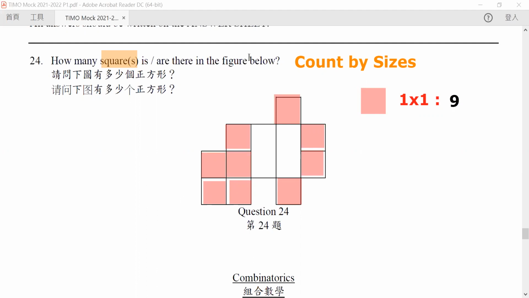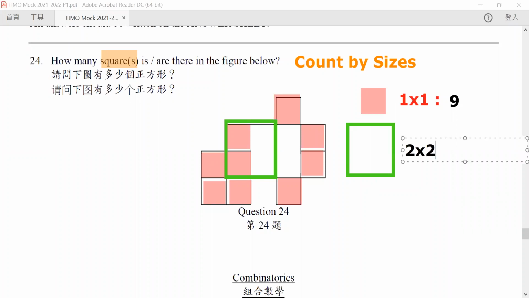Okay. Now, this is not just squares of one by one. There are also squares of 2 by 2, like this. This is a square of 2 by 2. So how many squares are there of 2 by 2? Again, let us count together.